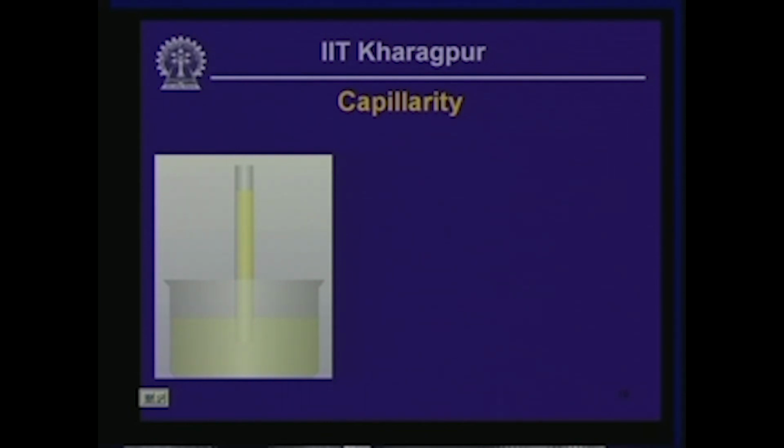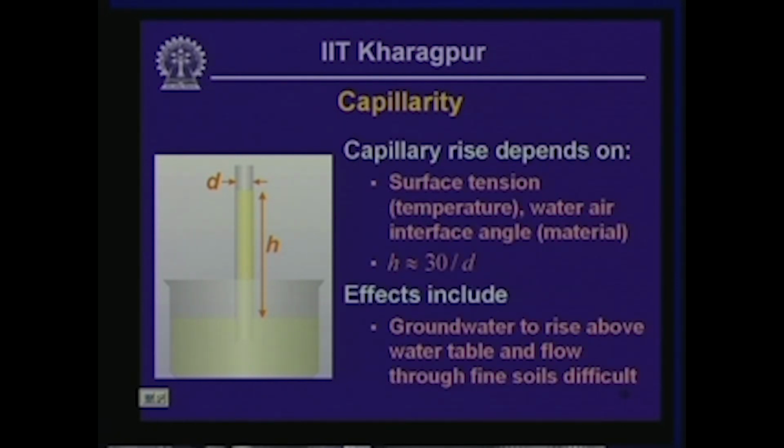animation there. So the amount of rise of water is going to be controlled by several factors. One of that is the diameter of the tube, and the other factors depend on the property of the fluid and the interface between the fluid and the tube through which the fluid is being conducted. Okay.